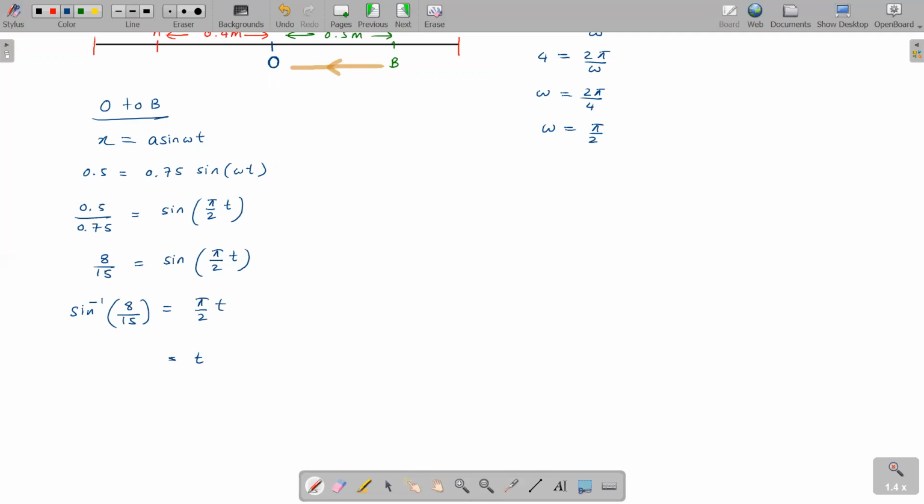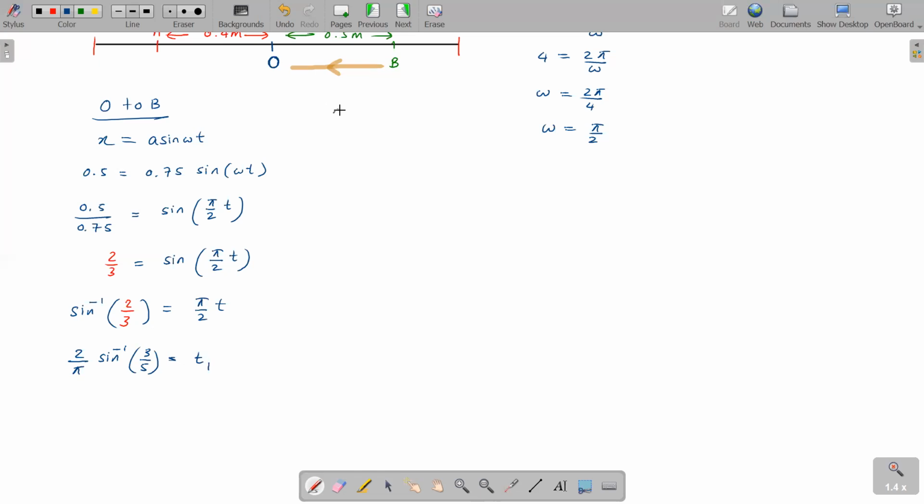Yeah, sorry, this is 2 over 3. So we get sine inverse 2 over 3 equals pi over 2 into t. Then we move the pi over 2 to the other side, and it becomes 2 over pi. So t equals 2 over pi into sine inverse 2 over 3. This is the time taken; I'll call it T1, the time taken to go from O to B.